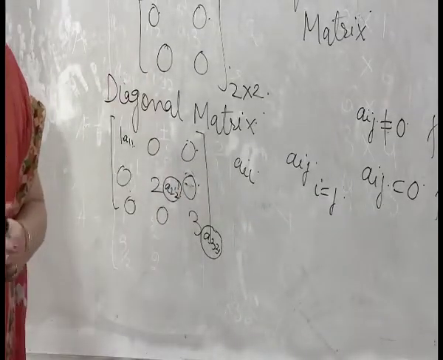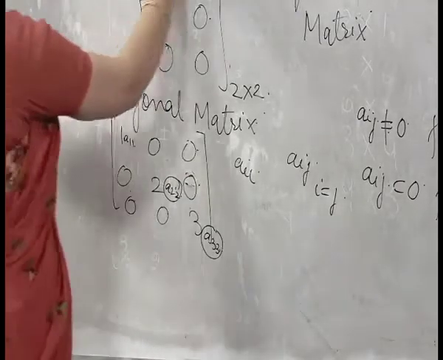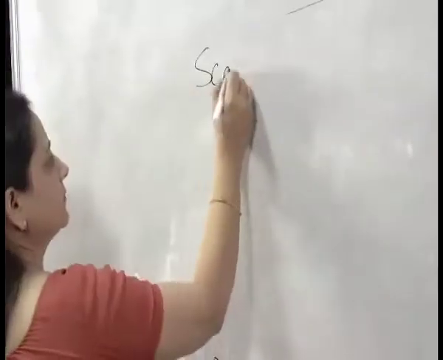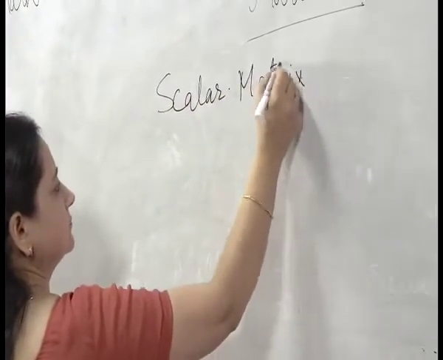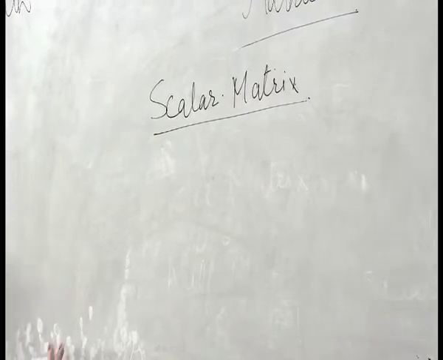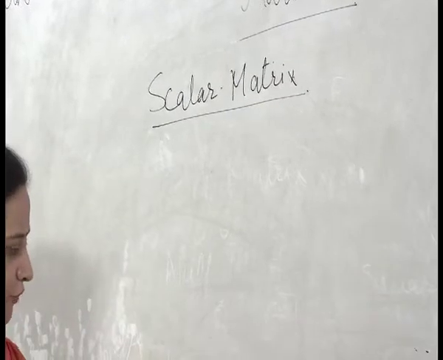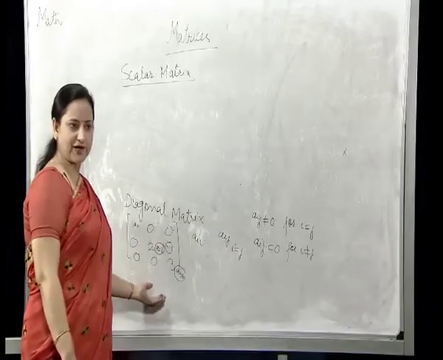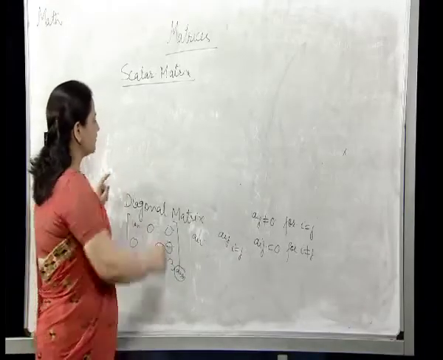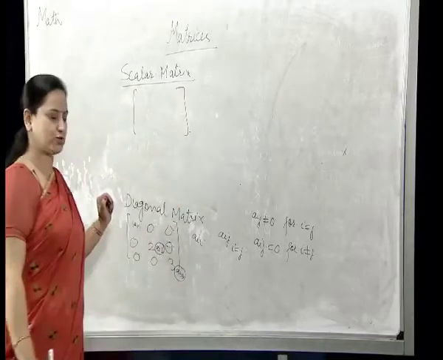After the diagonal matrix, we have the scalar matrix. Next comes the scalar matrix. Now all of you know what a diagonal matrix is. What is the difference between a diagonal matrix and a scalar matrix? There is a simple difference between the two.